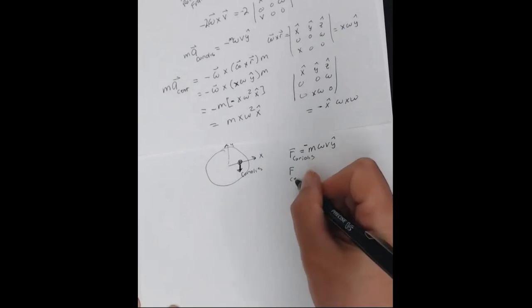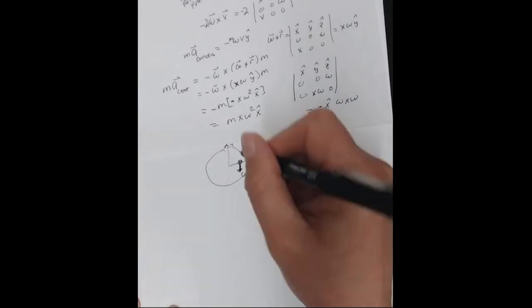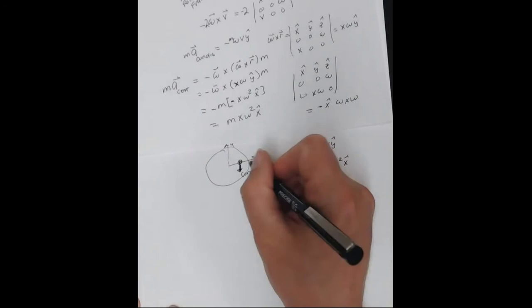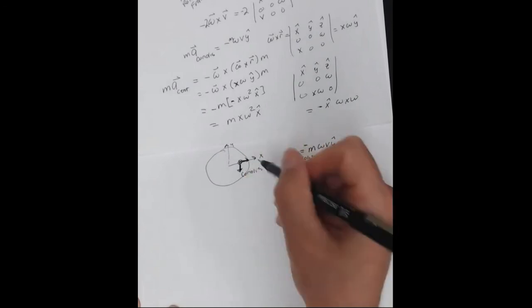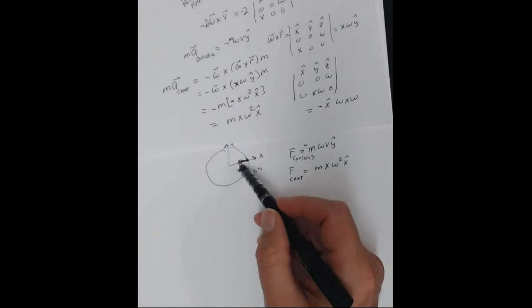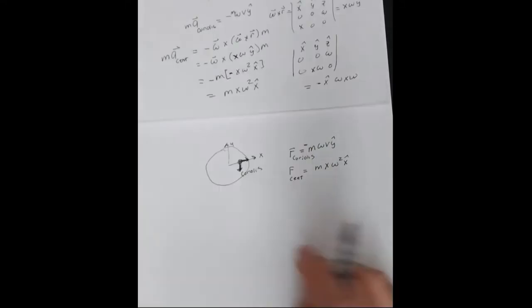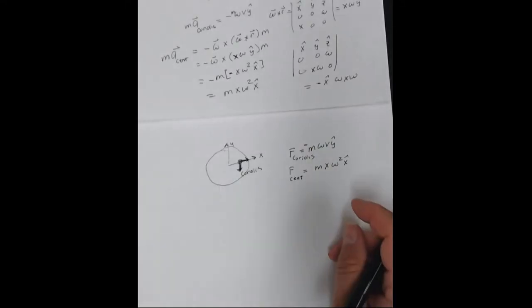And F centrifugal would be m x omega squared in the x hat direction. So he has this other force in the positive x direction. This bug on this wheel feels like he's having a force that way and a force that way. Okay, so there we go.